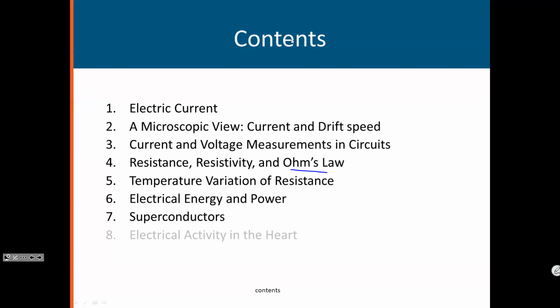As the name implies, actually the conductivity becomes infinite, or resistance of a superconductor is 0, the ideal case. Okay, so that is a very important class. We will give a brief description of superconductors in section 7. Okay, so that is the content. Now let's go in.